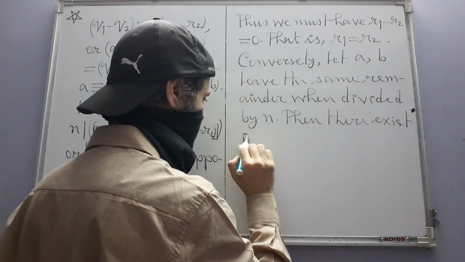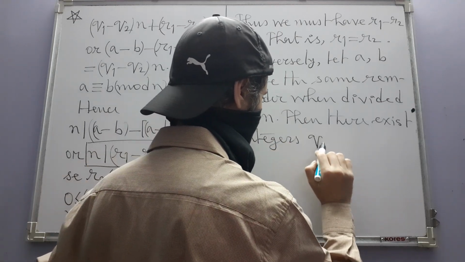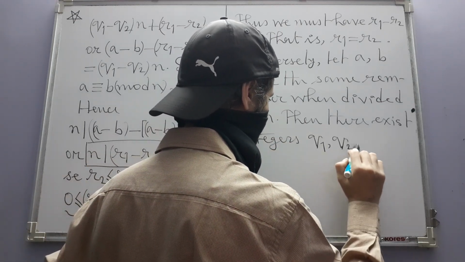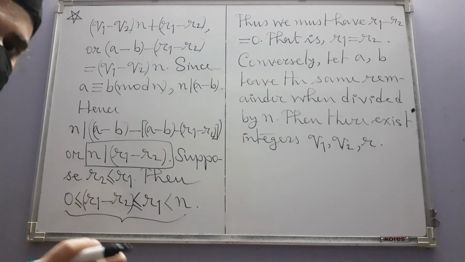there exist integers q1, q2 and r. This time there is only one remainder. Actually there are two, but they are the same.